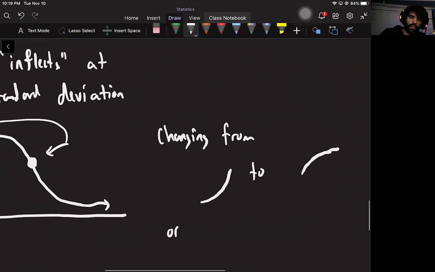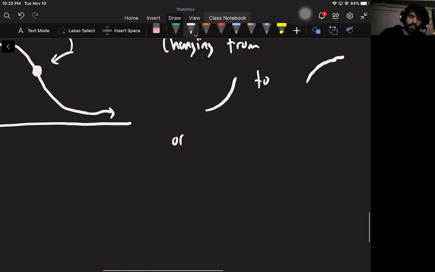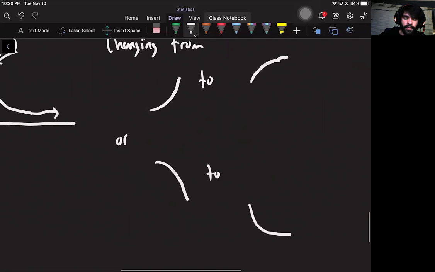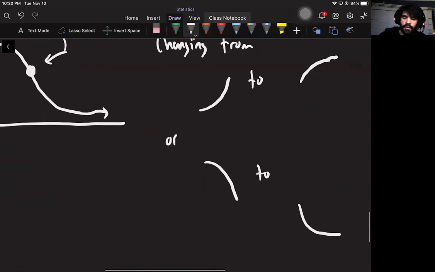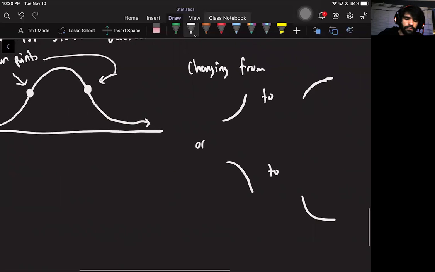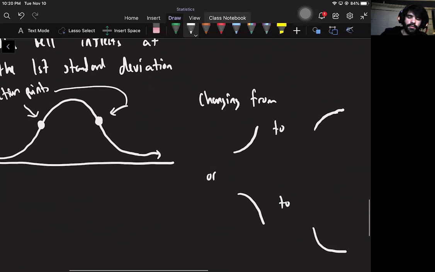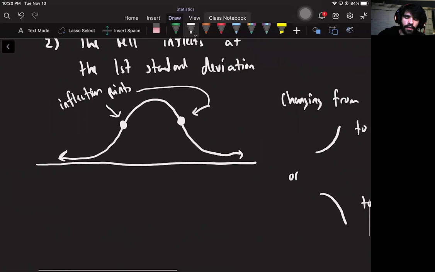Or on the other side, it's changing from that to that. That's what's happening on the right side. So they can see it all at once. So that's what it means to inflect in our non-calculus based stats course. It's much fancier than that actually.